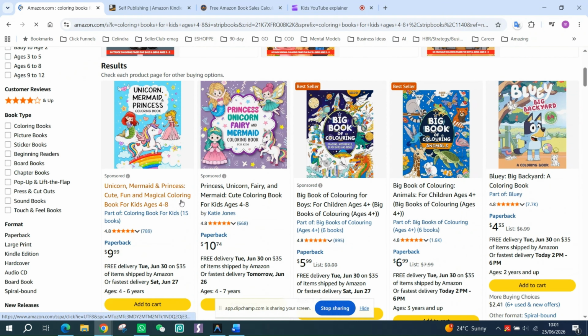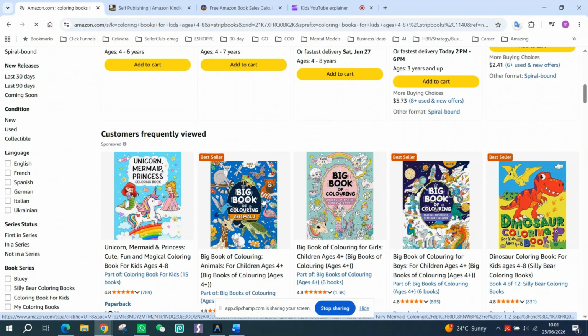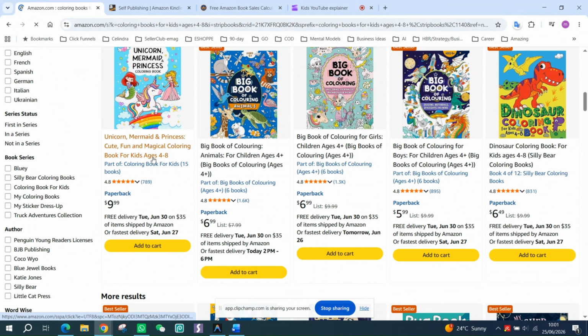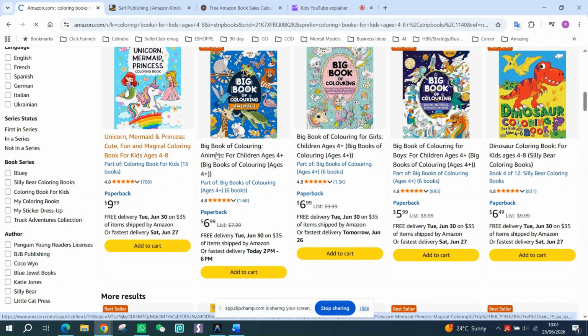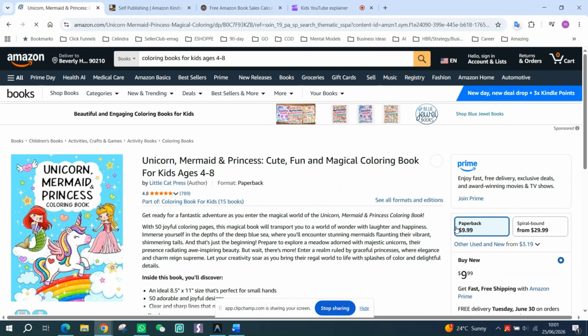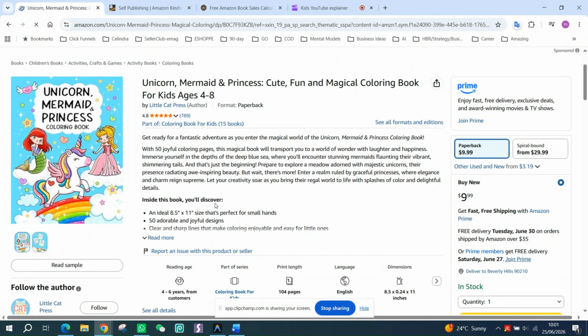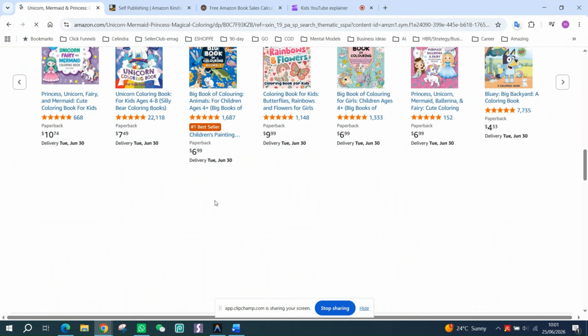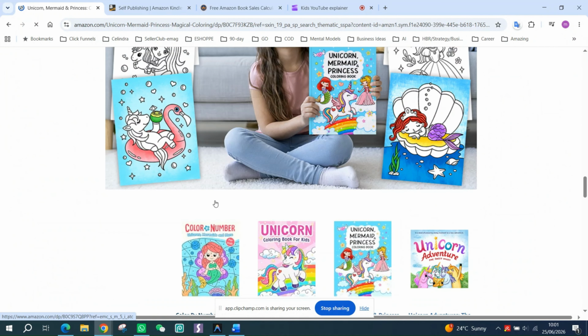You can look at what they sell here. For instance, let's take this book about unicorn, mermaid and princess. It's $9.99. Let's look at the BSR and the number of pages. This is a coloring book.